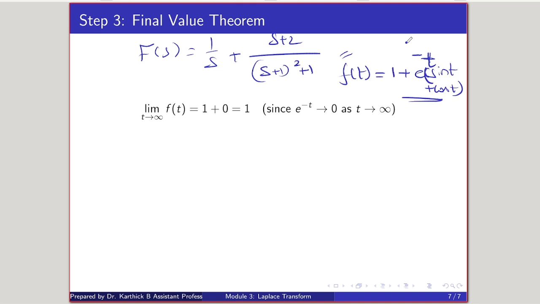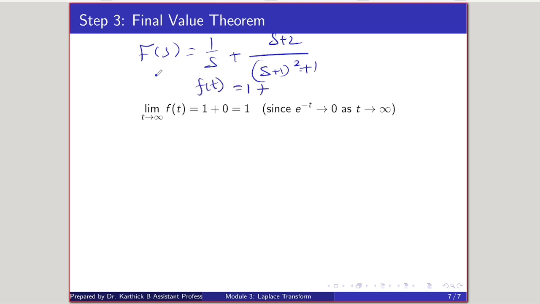So now I am going to take the limit t tends to infinity for this function. Okay, so I may write this f of t in a clear manner. f of t will be 1 plus e power minus t, then (sin t plus cos t).